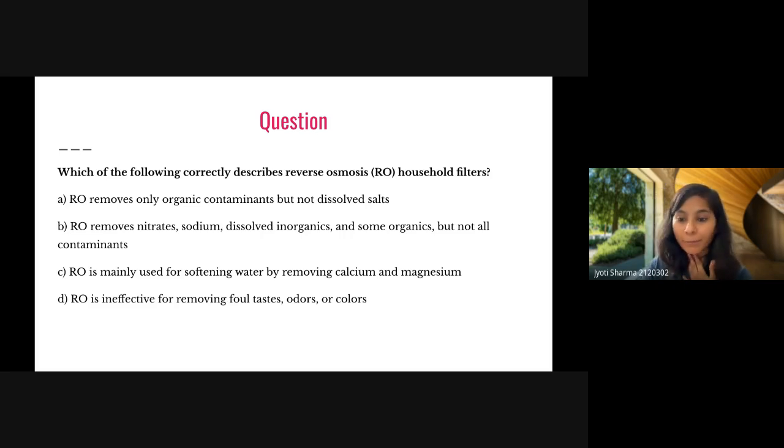Priscilla gave me B. Okay, so I agree with option B, that it can remove some inorganic compounds, for example nitrate, sodium, dissolved inorganics, and some of the organics, but it can't remove all the contaminants that we have. So this is the limitation of RO.